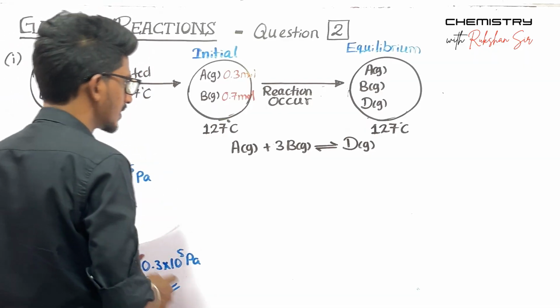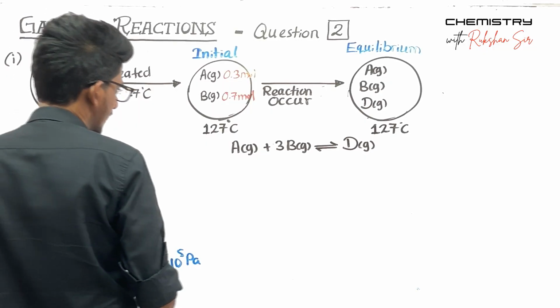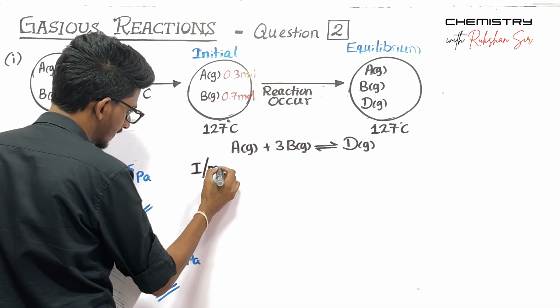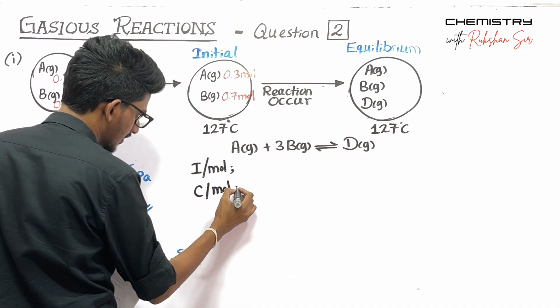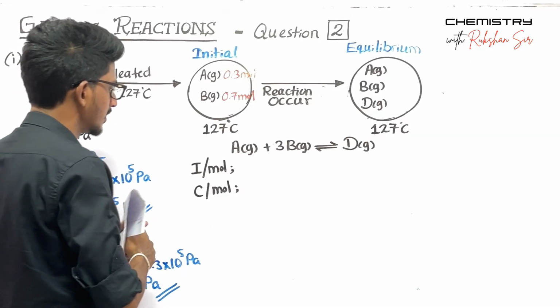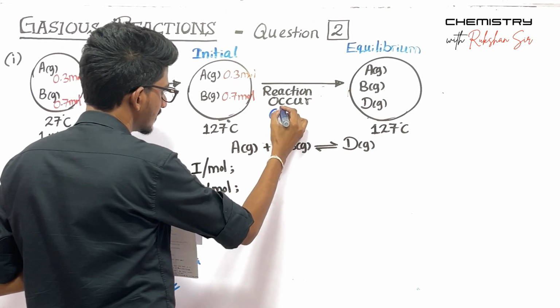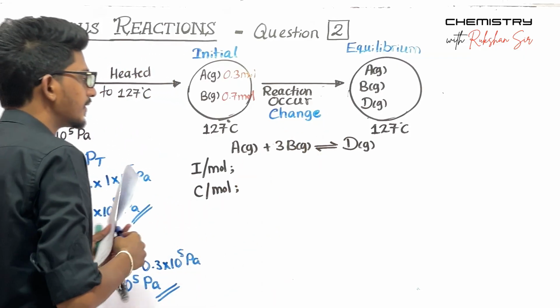So let's construct our ICE table for this system. I means the initial number of moles. C is the consumption or the change. Change occurs when the reaction occurs, right? This is the change in the reaction.